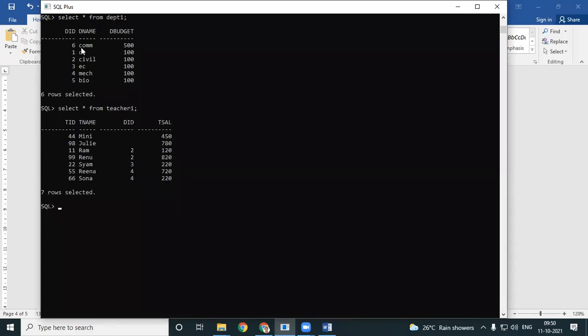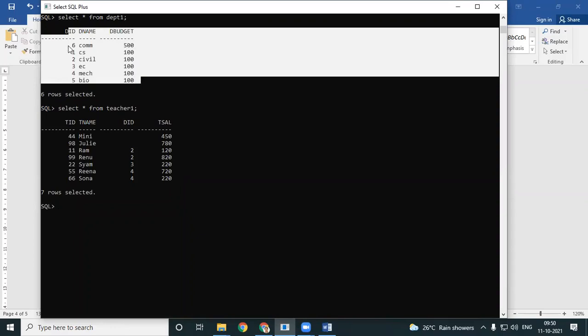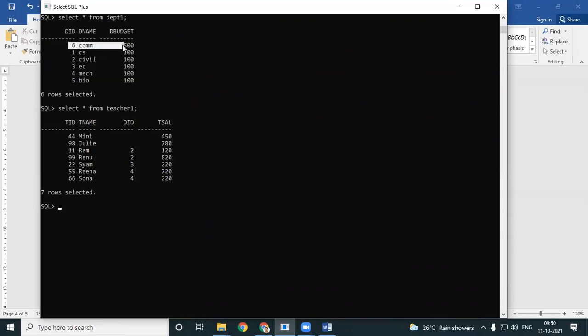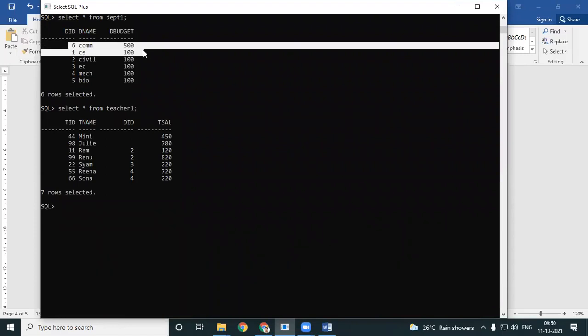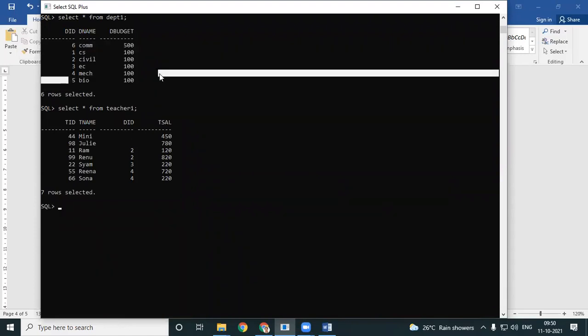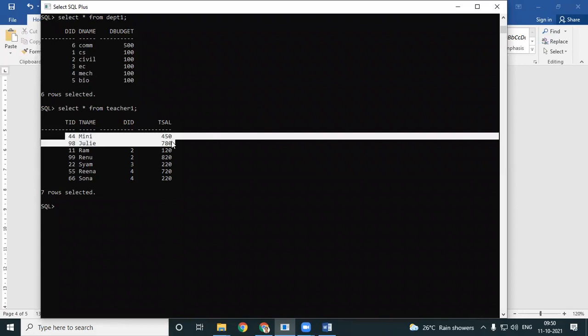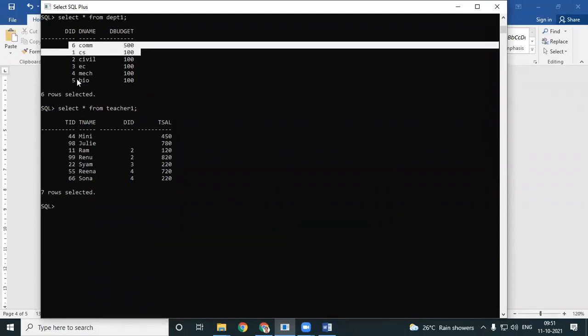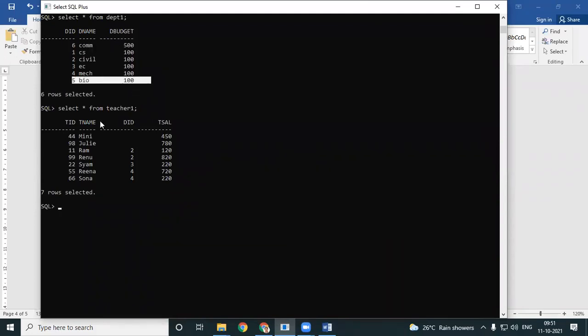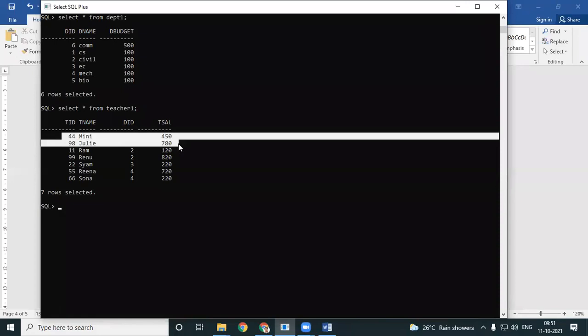Now look here, in department, always keep in mind you do not have entries for commerce, CS, and bio. In teacher, Minnie and Julie, even though they are teachers, have not been assigned any department. So keep these three entries over here and these two entries over here in mind.